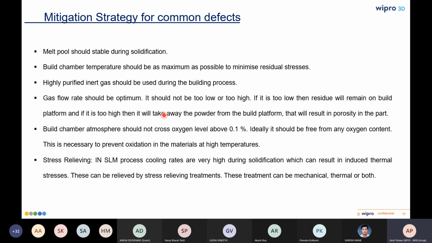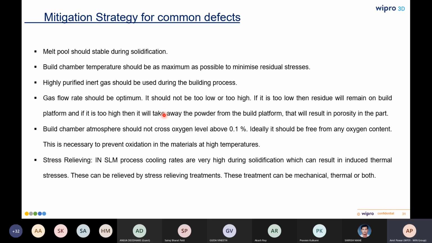The purpose of this gas flow is to carry away the spatter that gets generated. If the gas flow is very low, it will not take out that spatter. If it is too high, it will take away the good powder along with it from the build platform. That will result in porosity in the part.